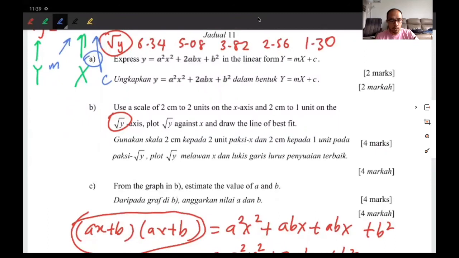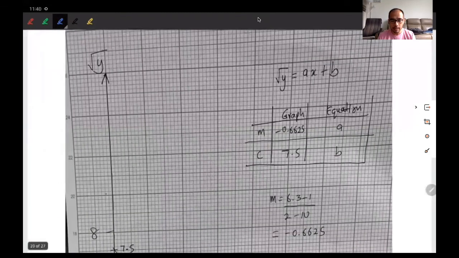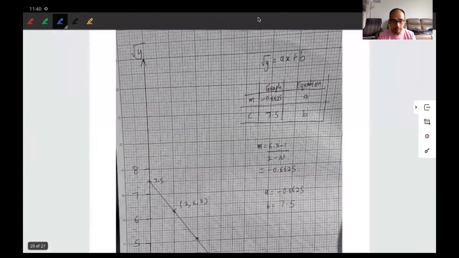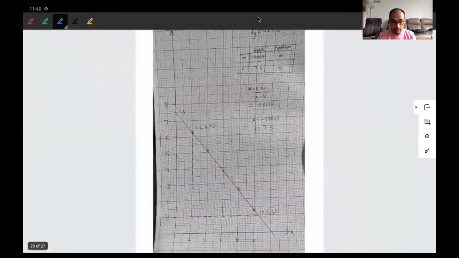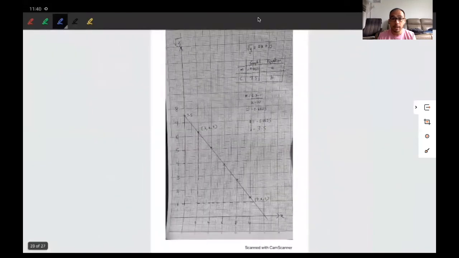They must tell you what axis to plot, and they must give you the scale. So come on, guys. Aim for these 4 marks. You must be able to do this. I'm going to show you this answer. This is my answer actually.